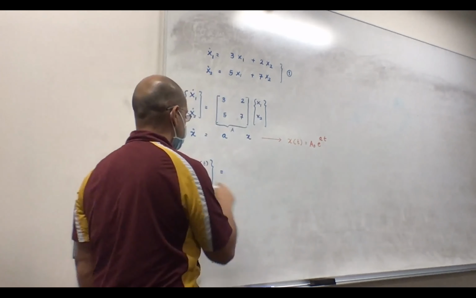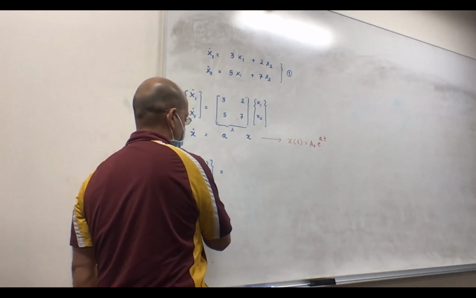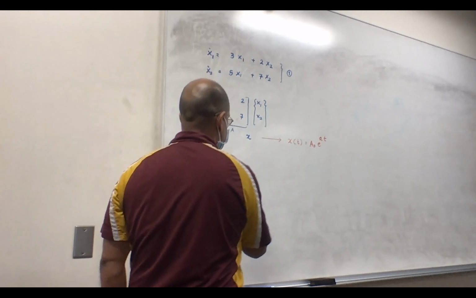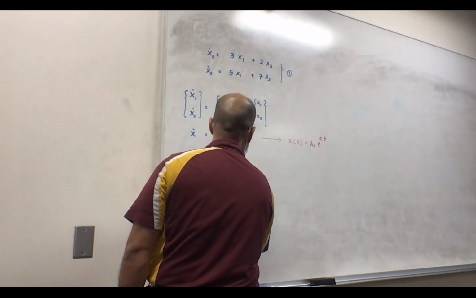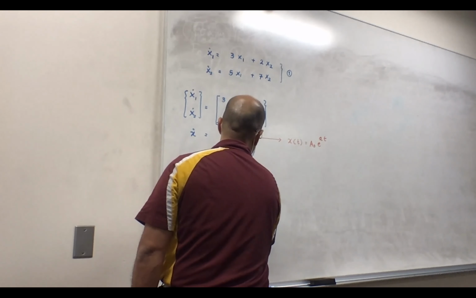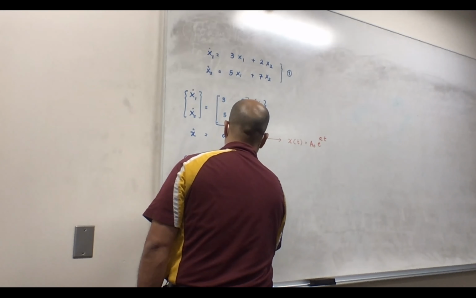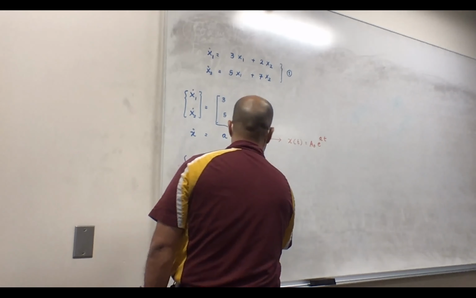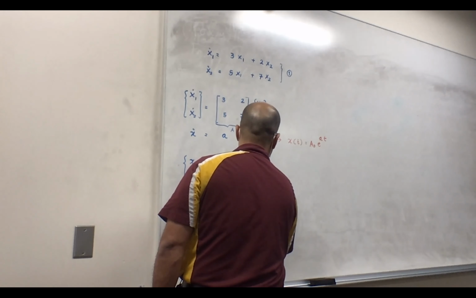I'm going to have two constants because there are two dependent variables, x1 and x2. But what that means in terms of solution is I have e, instead of small a, I have capital A, multiplied by t, multiplied by, I'm going to call this x naught, which is something like x1 of 0 and x2 of 0.